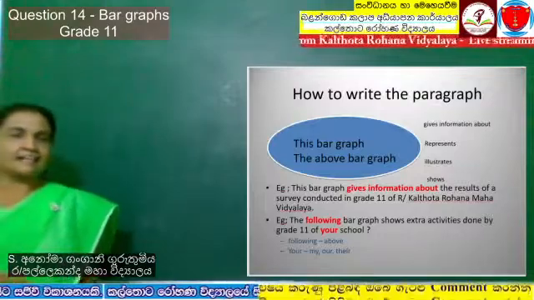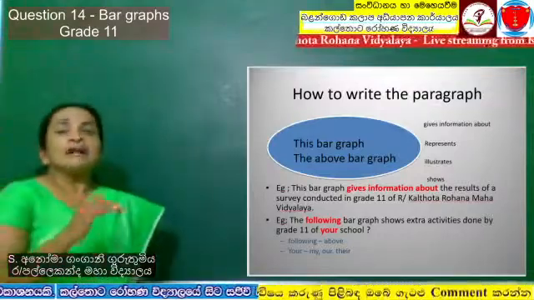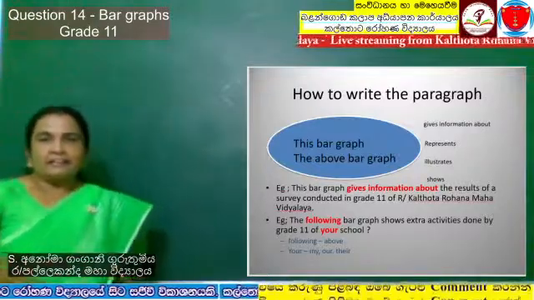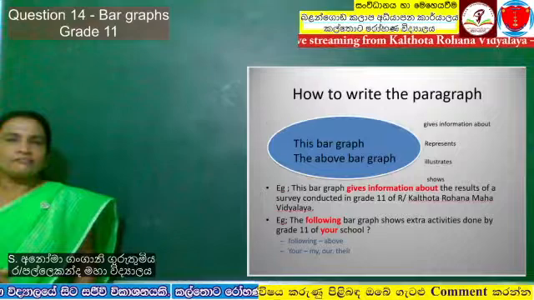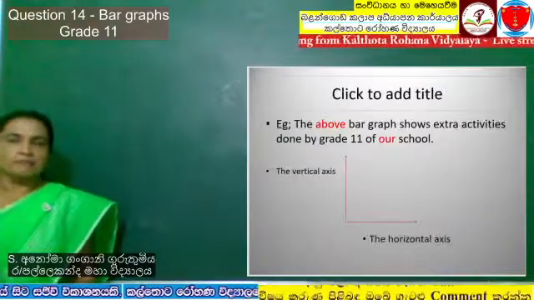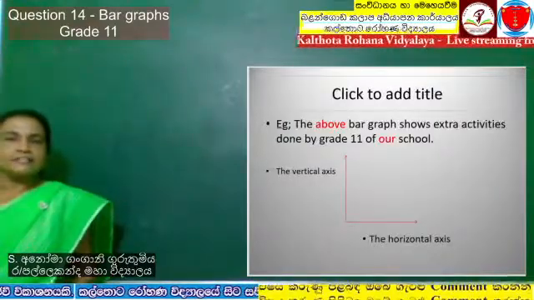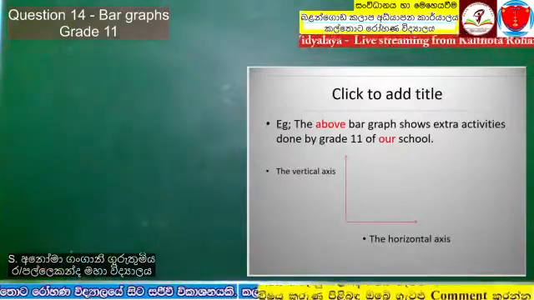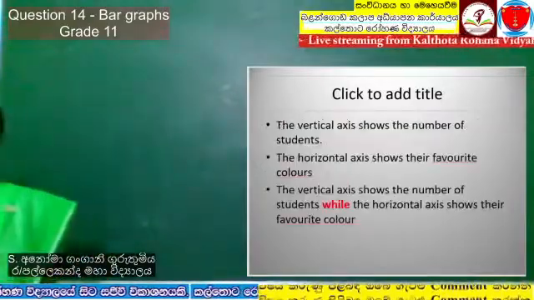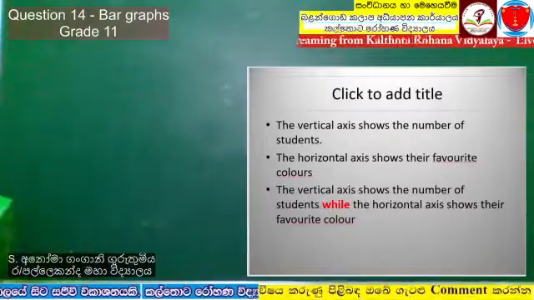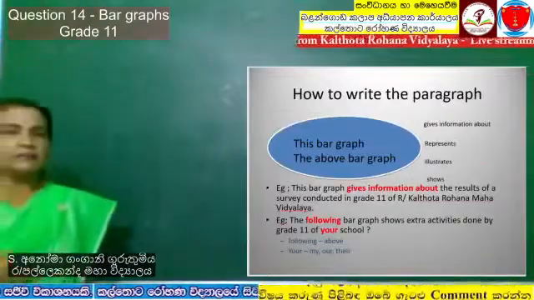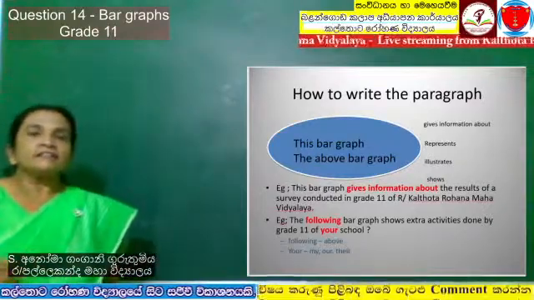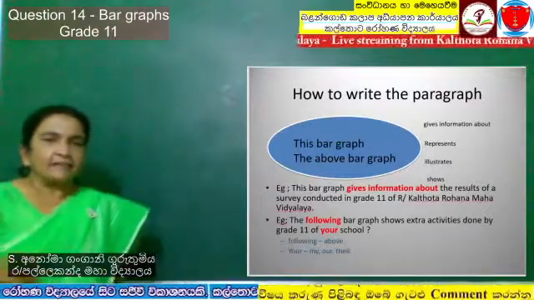Another sentence is there: The above bar graph shows the information about the leisure time activities. The above bar graph shows the results of the grade 11 students, like that.